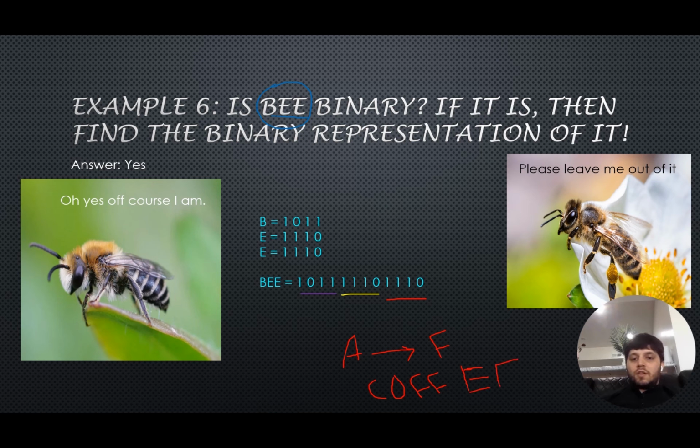We can understand that. So for COFFEE, we can find that one because the place values will be 1, 16, 256, 4,096, 65,536, and that is a huge number. I can't say that out of memory. So you can find these numbers by place value and then find the decimal and binary number. If you guys can find COFFEE for me, that'll be great. And please practice. It's not that hard. You just need some practice.